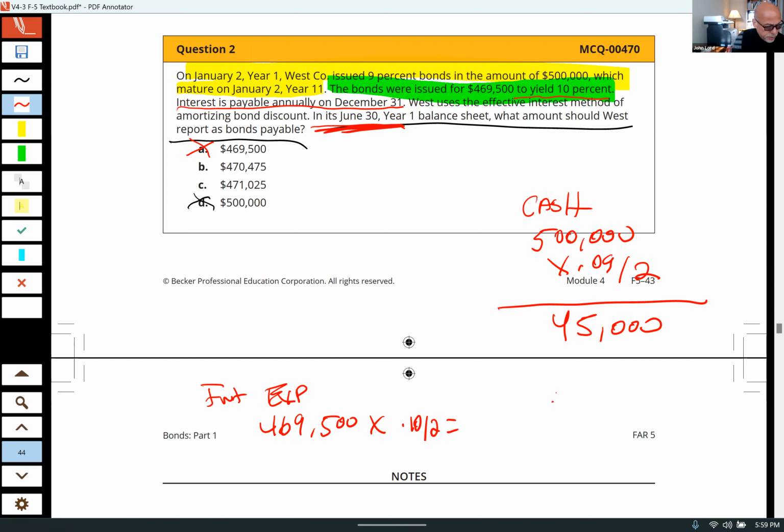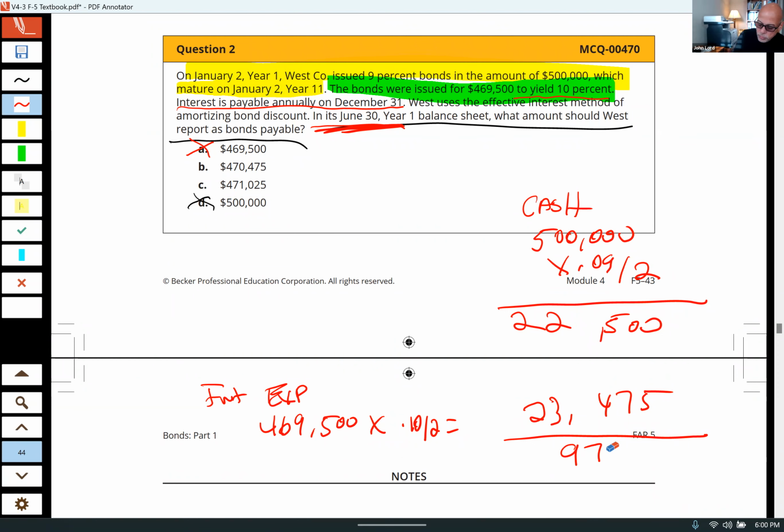Where did I get 45,000 from? The cash interest is 22,500. I think the 45,000 was if we did the full year. 22,500 versus 23,475. That difference of 975 is the discount amortization.